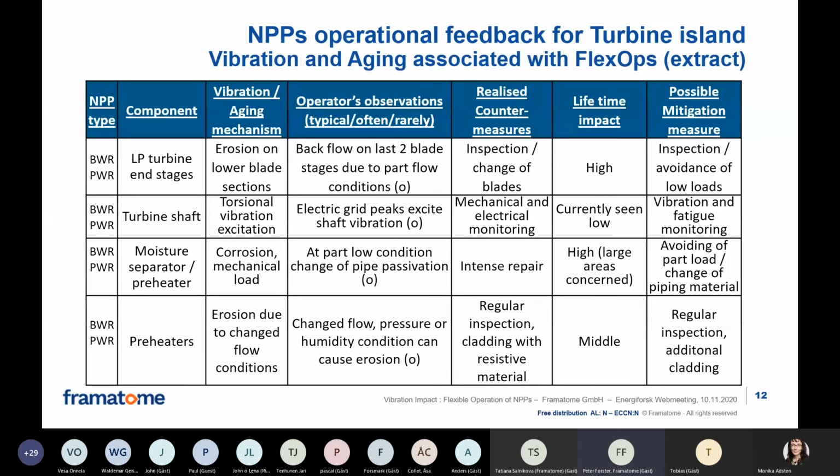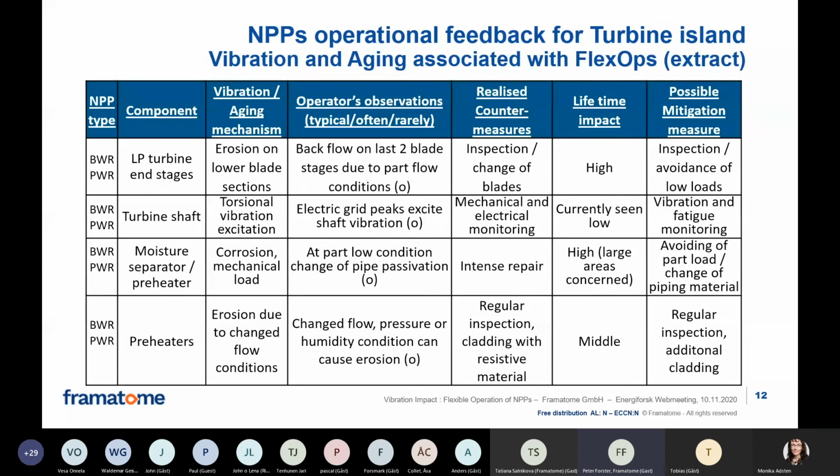The countermeasures were already intense repair or exchange of the heat exchanger pipes, and so the lifetime impact is quite high because mostly it's a chemical degradation. Large areas are concerned. And the operator tried to avoid these part load conditions, or changing the pipe material are possible mitigation measures.